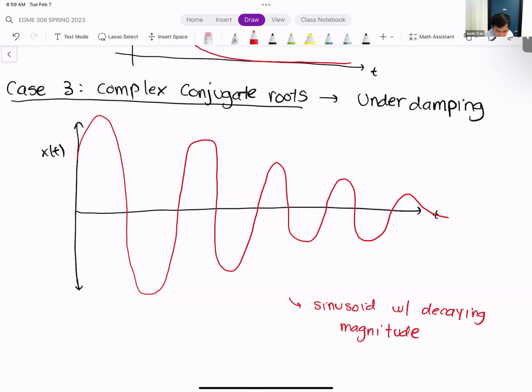In these situations, the damping is there, but it's not enough to stop the oscillations from occurring. So you still see oscillations, but eventually they are going to die down. All right, any questions on any of this?